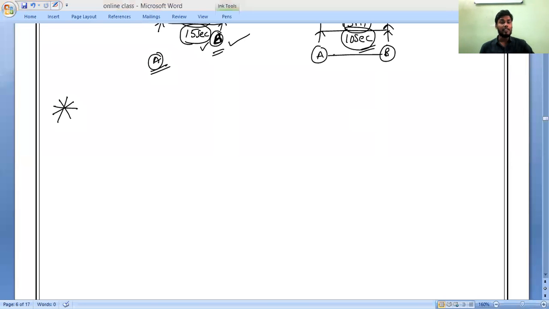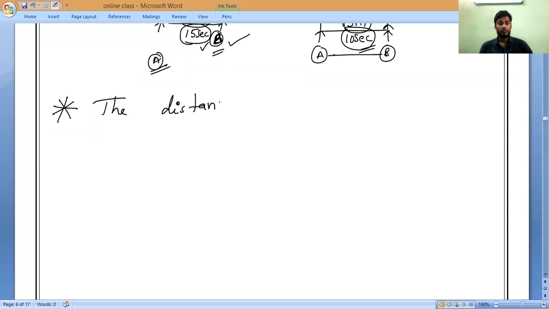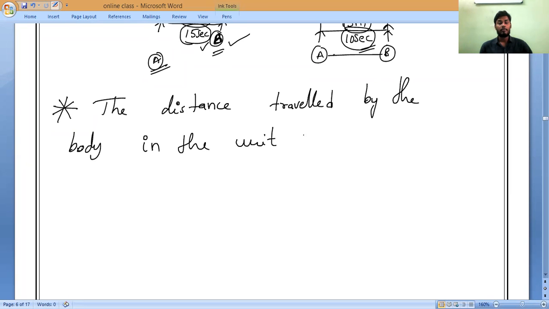Speed: the distance traveled by the body in unit time is called speed.